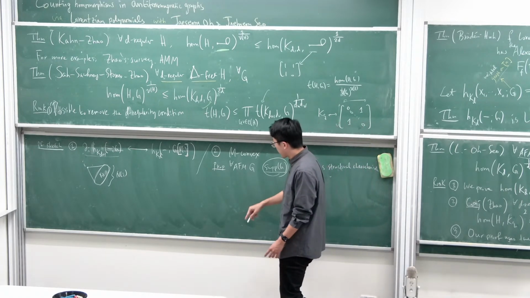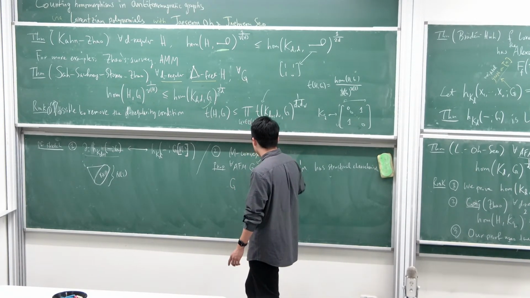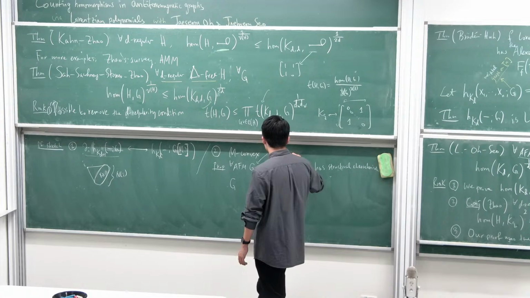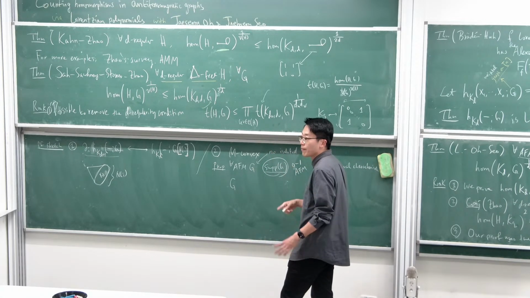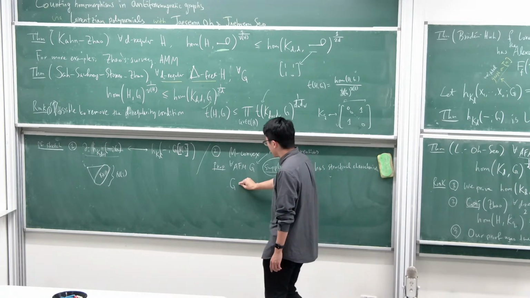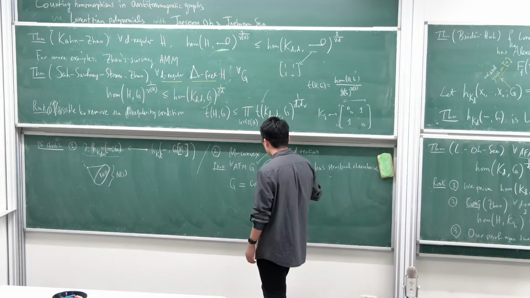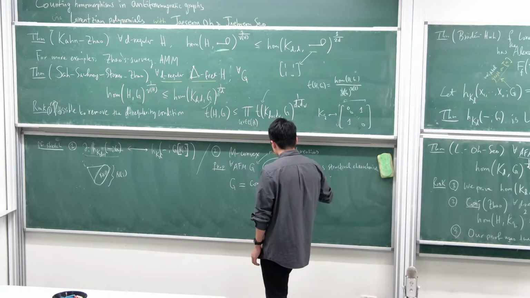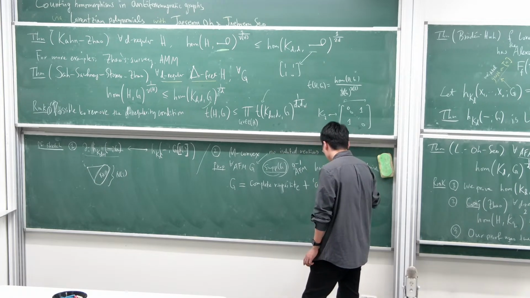Which is the following. If G has no isolated vertices, because isolated vertices don't do anything to your homomorphisms, then your G is basically a complete r-partite graph plus apex loops.